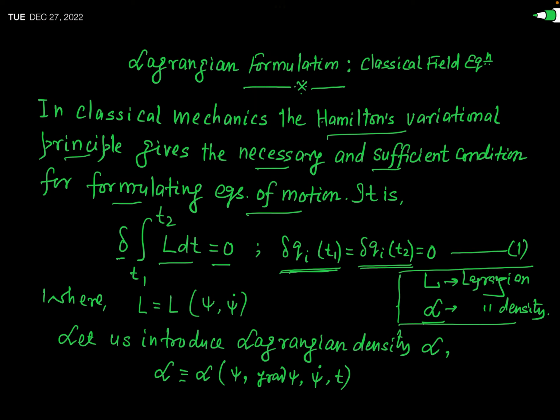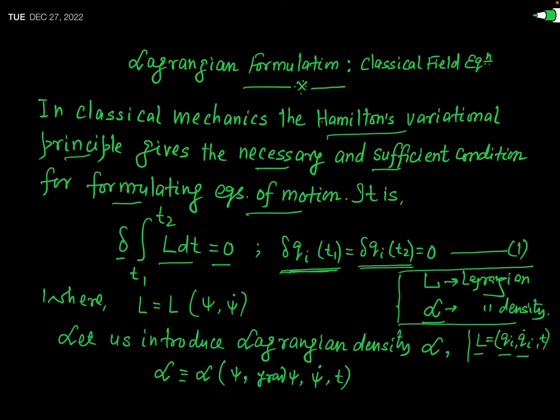As you know, in case of a classical system, the Lagrangian of the system is a function of qi, also a function of qi dot, and perhaps t. But if we are talking about the Lagrangian of the system at a particular time, then you can say simply that the Lagrangian of a classical or mechanical system is a function of qi and qi dot.